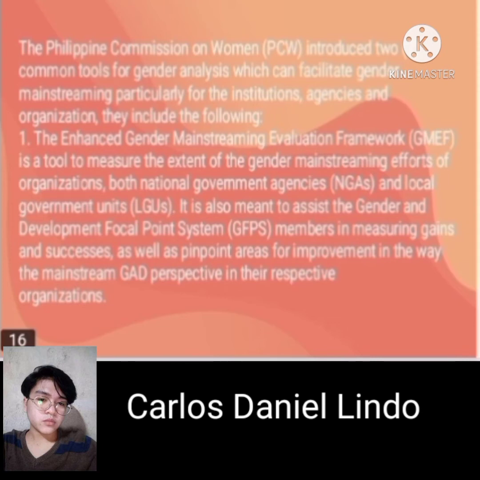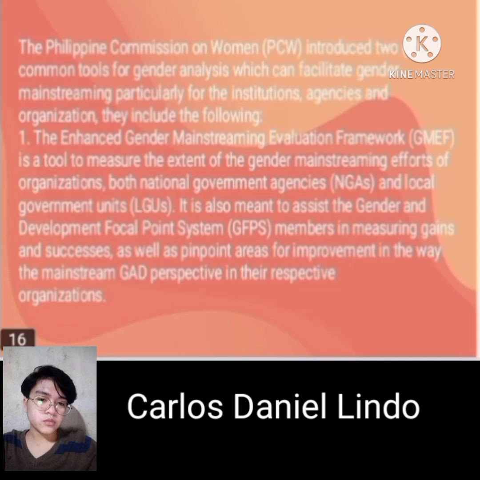It is a tool to measure and extend gender mainstreaming efforts of organizations, both national government agencies, NGAs, and local government units, LGUs. It is also meant to assist gender and development focal point system members in measuring gains and successes, as well as point areas for improvement in the way they mainstream GAD perspective in their respective organization.